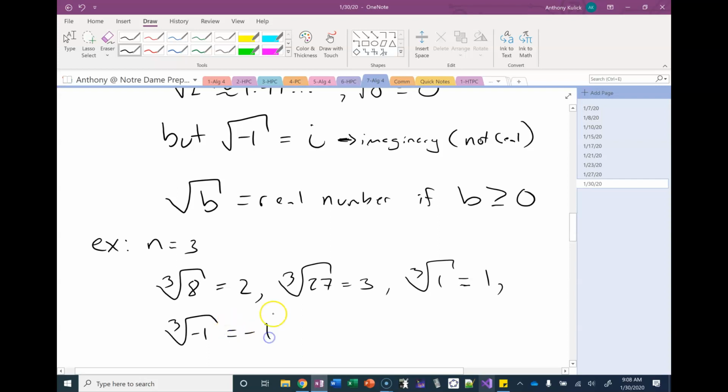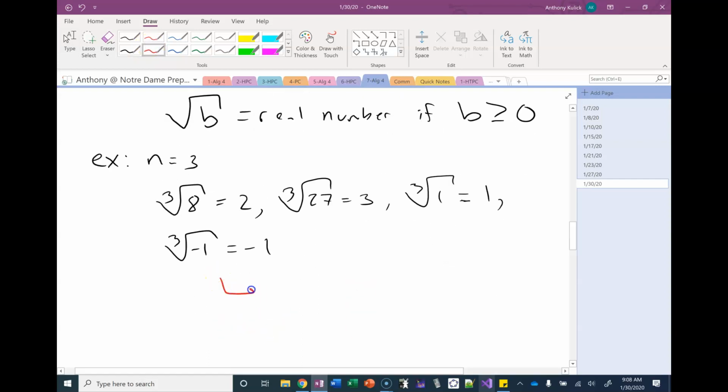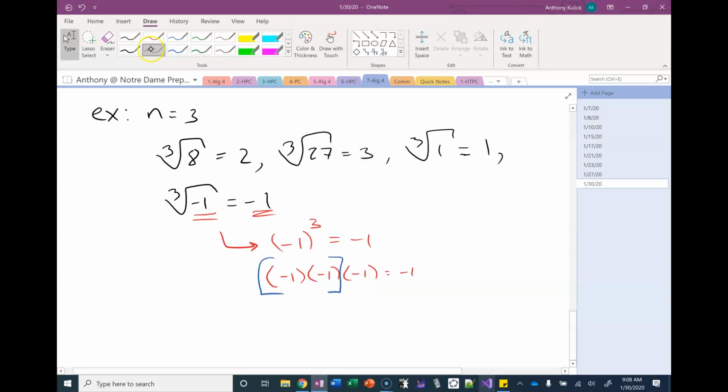Yes. Recall the definition. So this would imply that negative 1 to the third should give me negative 1. Is that the case? Well, negative 1 to the third is negative 1 times negative 1 times negative 1. If I multiply these two negative 1s together, I get a positive 1. And positive 1 times negative 1 is negative 1. So we definitely can take the cube root of negative 1.